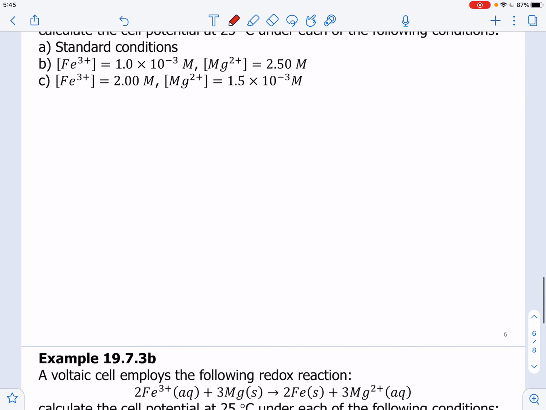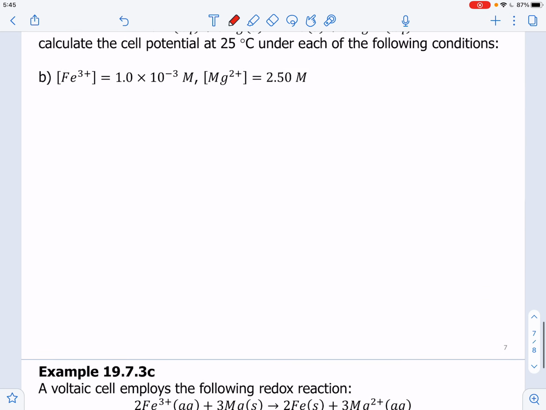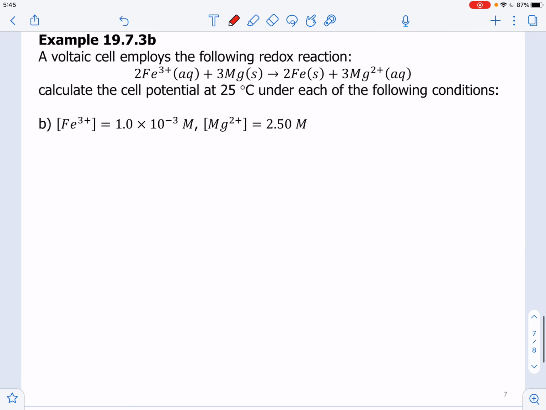Okay, let's keep it here. So the potential was plus 2.33 and N is equal to 6. All right. So now we have our reaction, so no need to worry about the sort of balancing that we were trying to do.